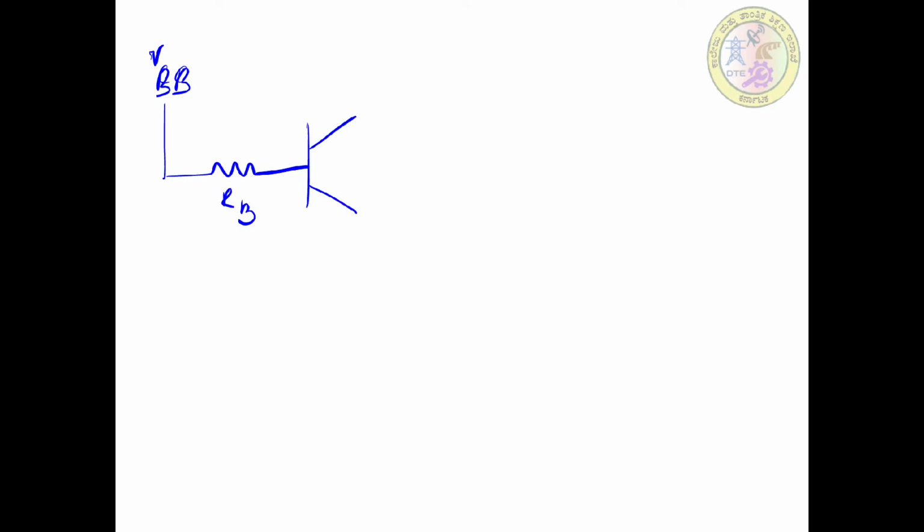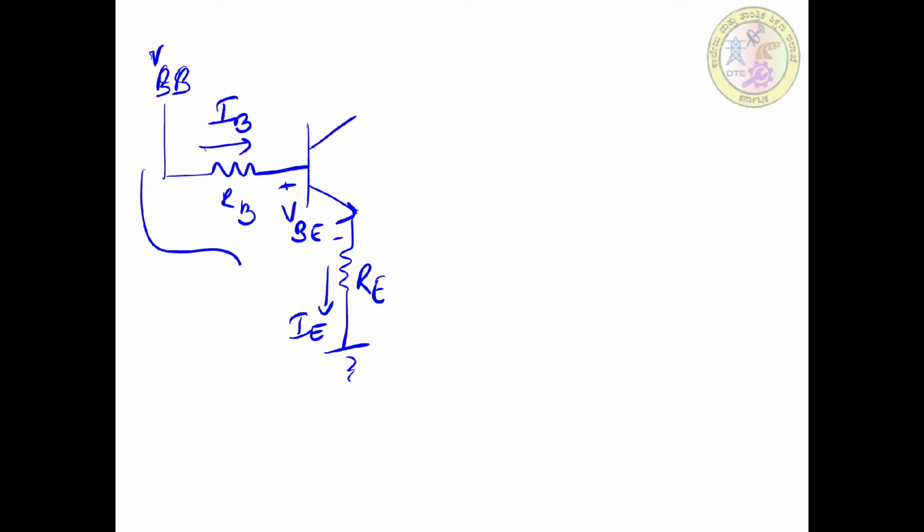Next we have the emitter, which is connected to RE. Now we need to apply KVL to this loop, and here we should always consider the VBE value. The current flowing through RB will be IB, and the current through RE will be IE. So we are considering this loop L.